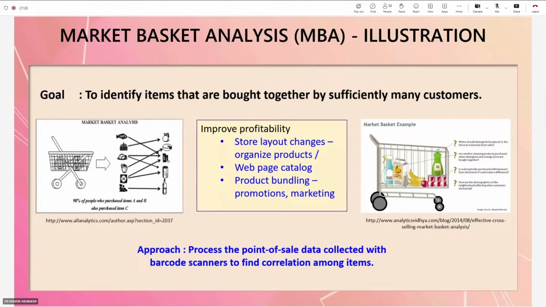Because the transaction is recorded, everything is there. They can even give you a slip where you see all the transactions. So the data is stored. This point-of-sale data is where they do their data collection. They collect the data, and then they analyze it to find the relationship or correlation among these items.